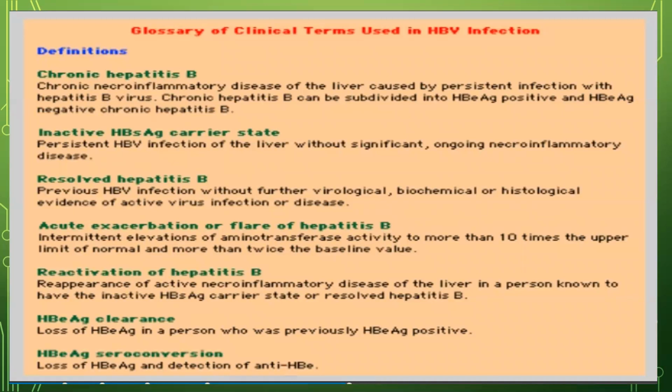Acute exacerbation or flare of chronic hepatitis B is an intermittent elevation of aminotransferase activity to more than 10 times the upper limit of normal and more than twice the baseline value. Reactivation of hepatitis B is the reappearance of active necroinflammatory disease of the liver in a person known to have the inactive HBs carrier state or resolved hepatitis B. HBe antigen clearance is the loss of this antigen in a person who was previously HBe positive.